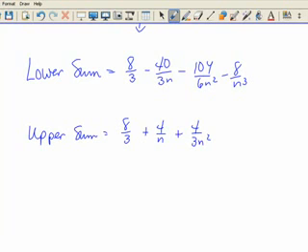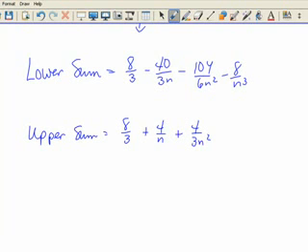As the number of rectangles increases, the lower sum gets closer to the actual area under the curve, and the upper sum gets closer to the actual area under the curve. So as n gets bigger, these two sums get closer to each other, and to the actual area trapped between the curve and the x-axis.